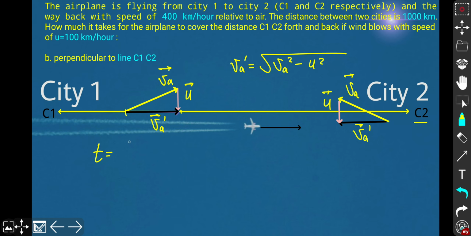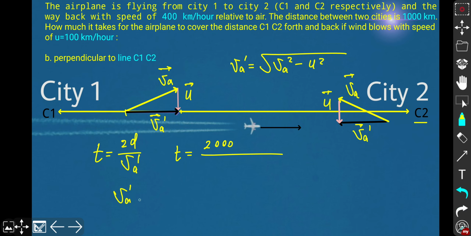So we can figure out the time for that. So time is double the distance over the velocity VA prime, as we're looking for. Okay, so this is the bottom vector in that case. So we can easily calculate that. It's going to be double the distance, so 2000, over the square root of, let's calculate it separately.